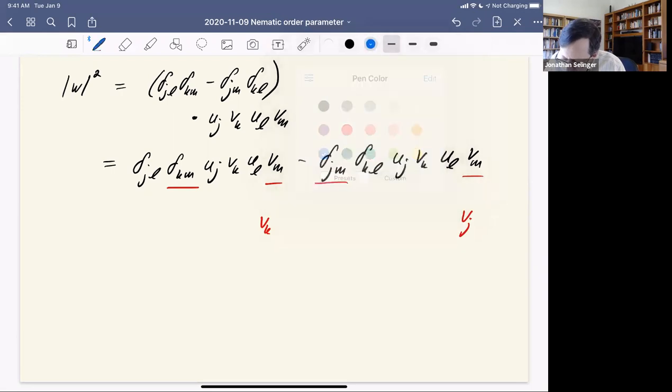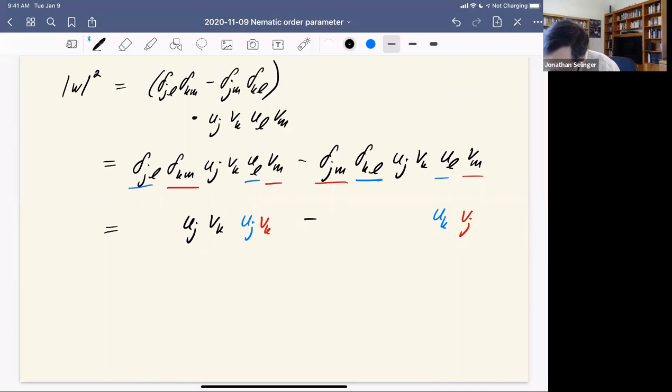Now let's do the sum over l. So here I have delta_jl u_l. That makes u_j. Here there's a delta_kl u_l. That makes u_k. And then the remaining factors are u_j v_k here, minus, and here there's also u_j v_k.